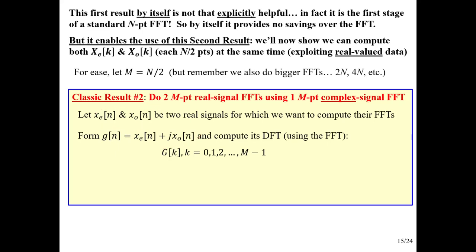So now suppose I put that into one M-point complex signal FFT, and let's call the result of that G[k]. The question now is, now that I've computed that, can I get back the DFT of each of the two individual signals that I'm talking about?